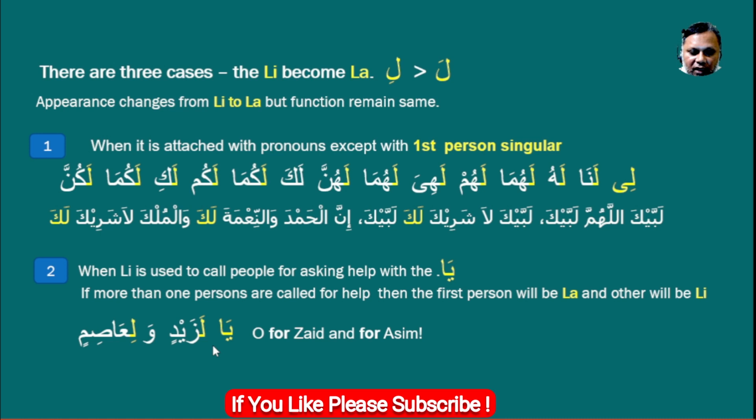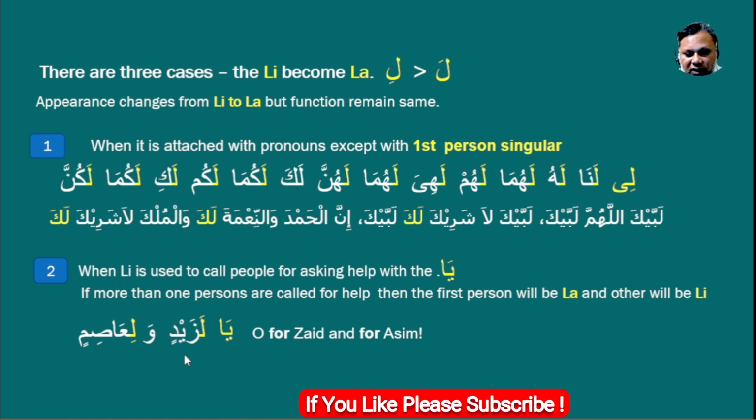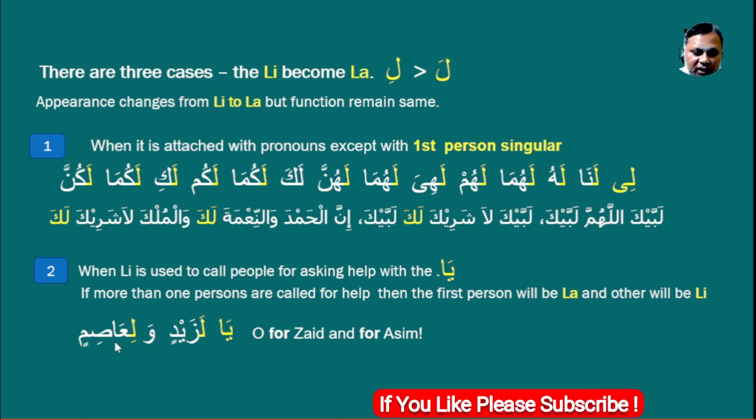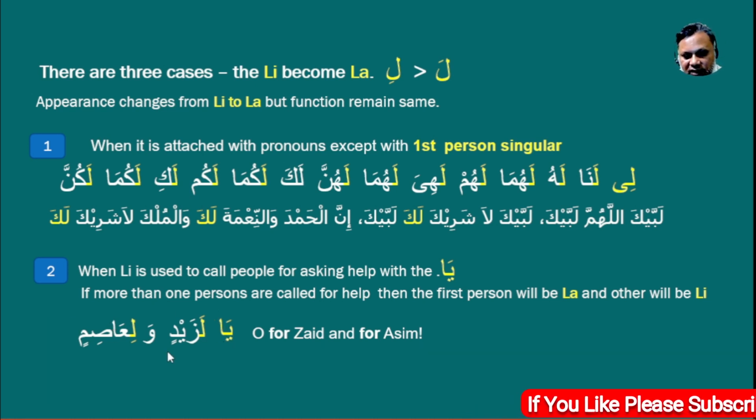Ya la Zaidin wa li Asimin. For the first noun, Zaidin, the li becomes la, and for the next noun the li remains li. If there are more than two nouns, in all cases the li remains li. But the first noun will get la. Ya la Zaidin wa li Asimin. O for Zahid and for Asim. This is how Arabian people call for help.